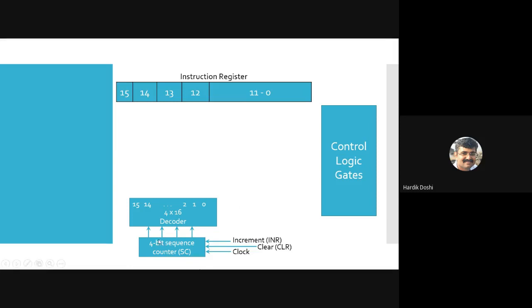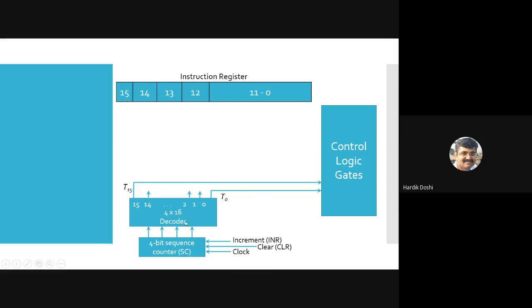Can I say this 0th line will be 1, rest all lines will be 0? Yes, sir. Next input is 0, 0, 0, 1, so what will happen? Next input 1 will be 1, rest all will be zeros. So this is what I will be getting as the output.